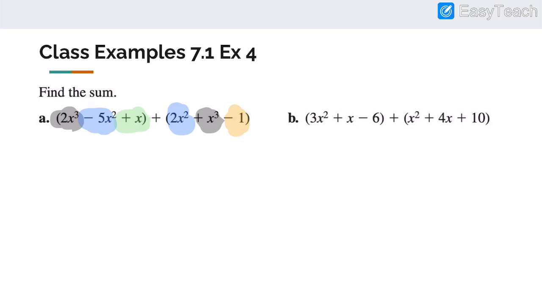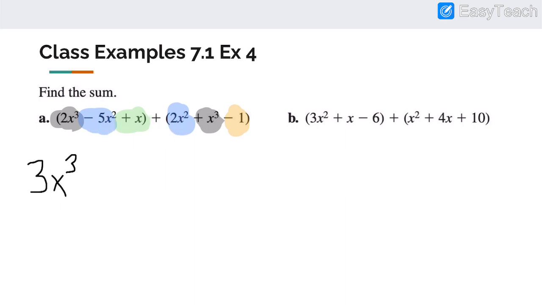So as I look at this one, I'm going to get 2x to the third plus x to the third. So that's 2 of them plus 1 of them. That's going to leave me with 3x to the third. Then I'm going to look at my x squareds because that's my next thing in order. So I have negative 5x squared and positive 2x squared.